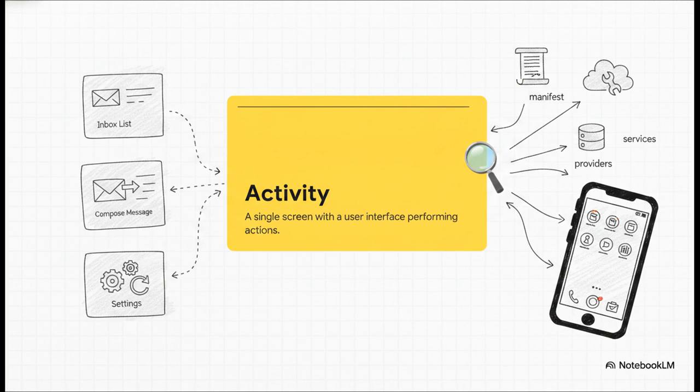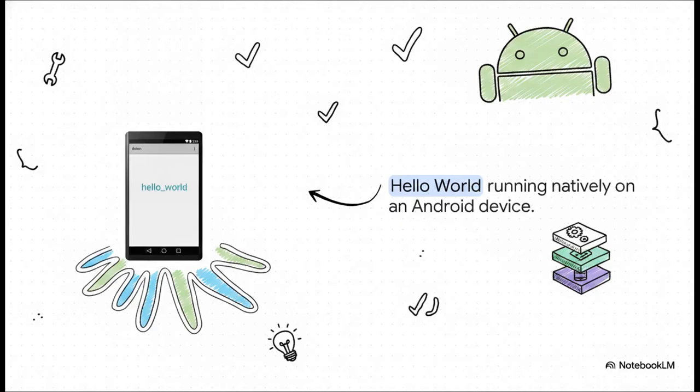All of these, along with background services, are tied together by a single manifest file that dictates the whole shebang. And the final output of that setup is a huge milestone, your very first Hello World application running on the emulator. Seeing that simple text pop up, it proves your dev environment is actively communicating with that deep Android software stack we just talked about.